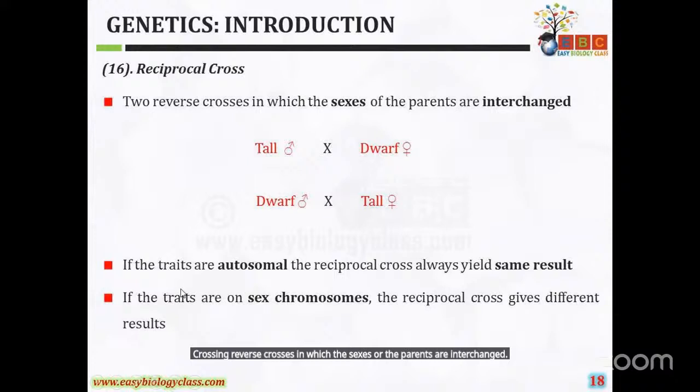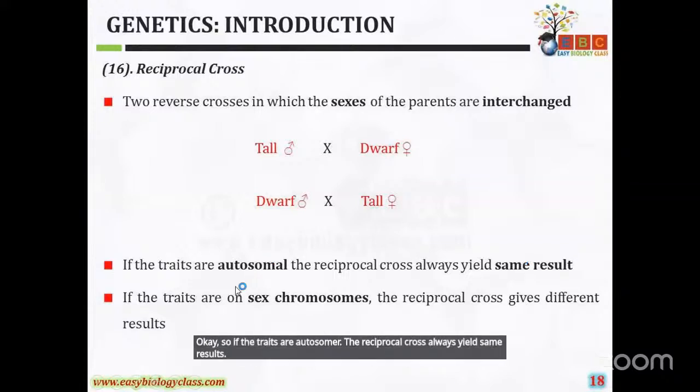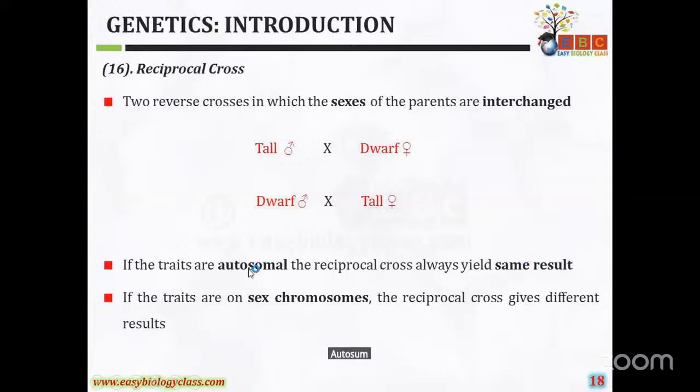Okay? So if the traits are autosomal, the reciprocal cross always yields the same result. Autosomal means, you know, human beings have 23 pairs of chromosomes.